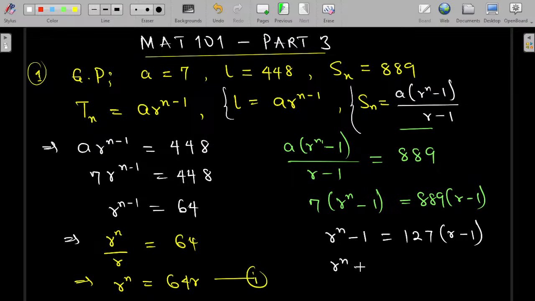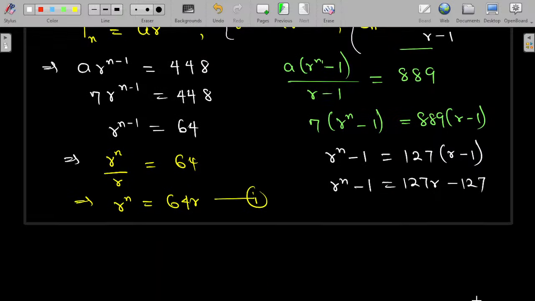So this is minus 1 equal to, if you open this bracket, you get 127r. This times this is minus 127 as well. Okay, so from here you can clearly see that Rn alone can actually be the subject, and is going to give us 127r.